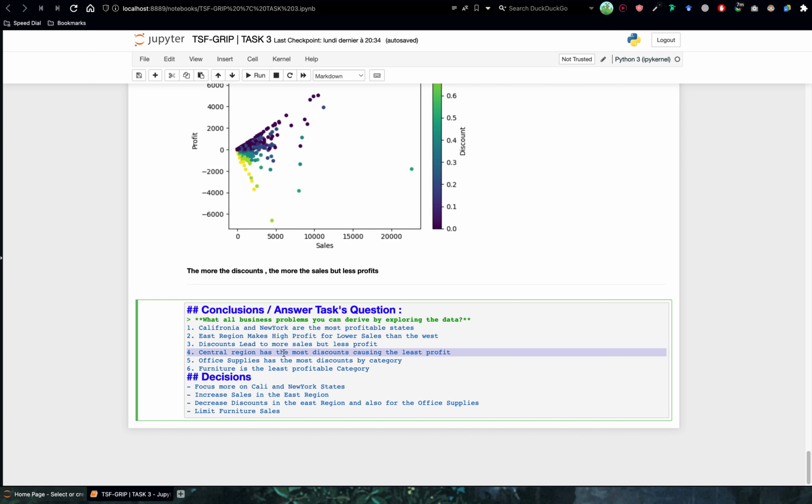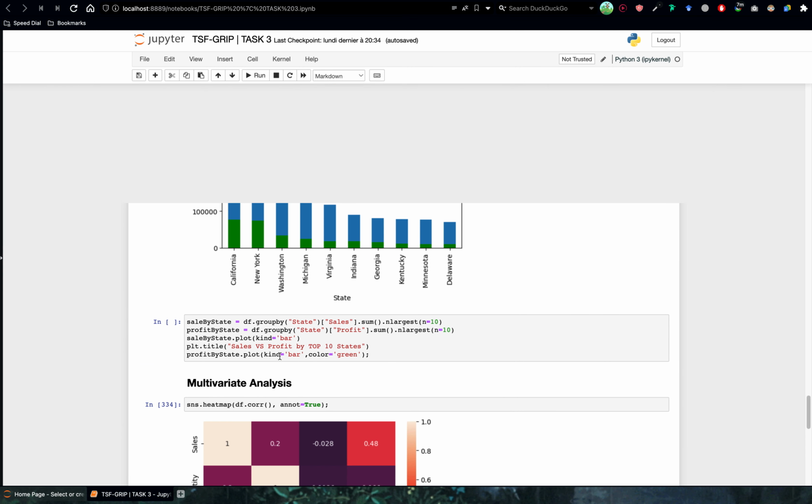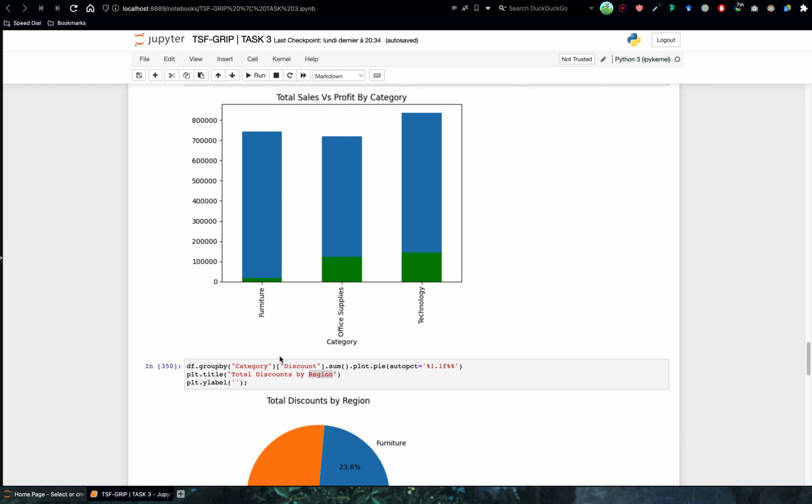The Central region has the most discounts, causing the least profits. As we have seen before, it has the highest discount percentage. Office supplies also has the most discount by category. Furniture is the least profitable category, as we have seen here.